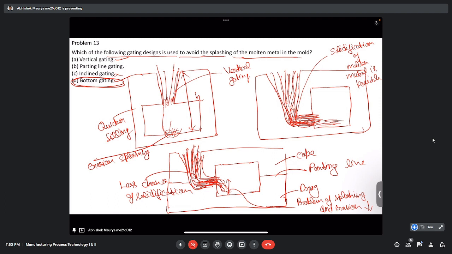If we just focus on the problem of splashing, then the bottom gating is best, and after that parting line gating will come, and vertical gating is poor. So the most appropriate answer will be D1, and you have already given the correct answer. So it must be clear to all of you. Let's move to the next problem.